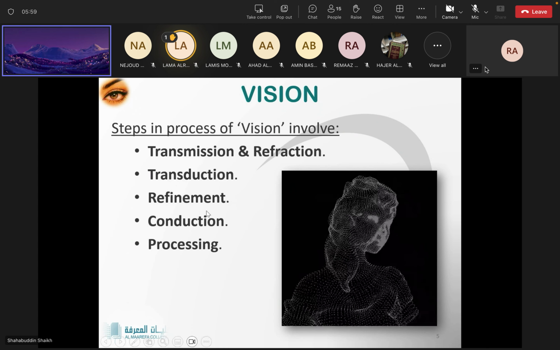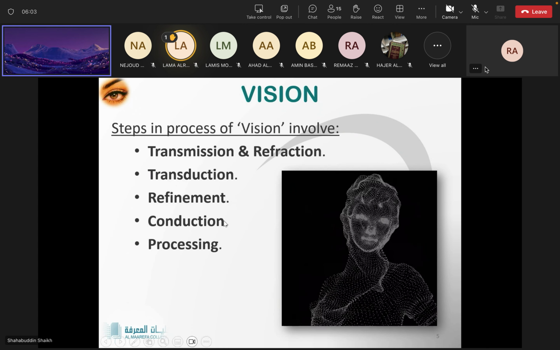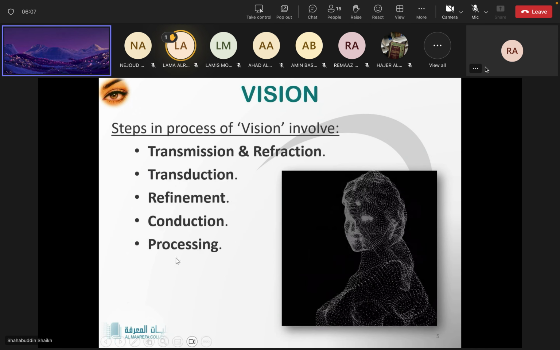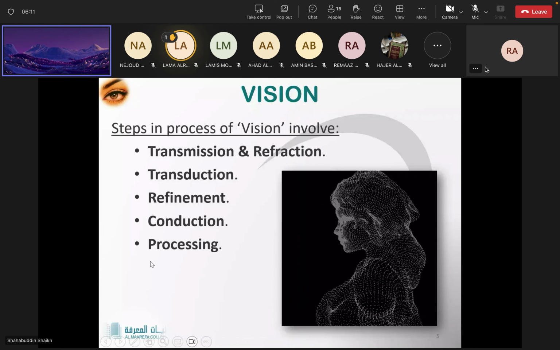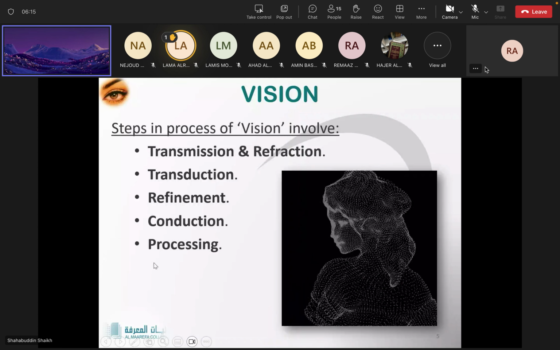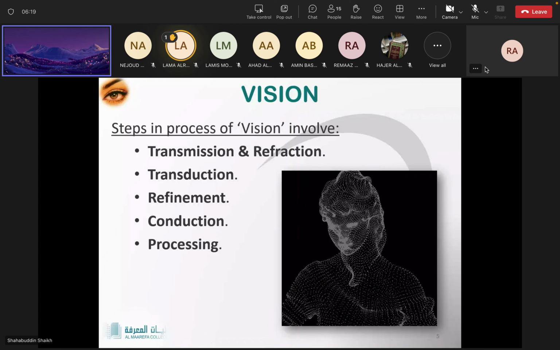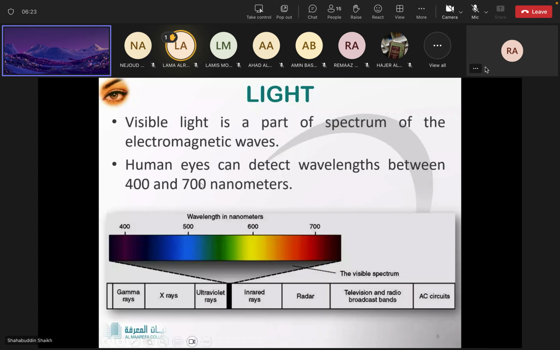Once this processing is done, the information is carried through the optic tract. This is called conduction. It will be carried to the brain where further processing will occur. So these are the major 5 steps which make us see anything, which make us detect light in the atmosphere. These are the major steps we'll be discussing henceforth.